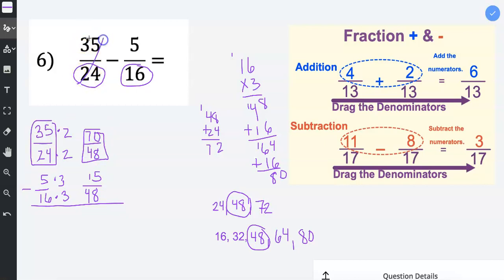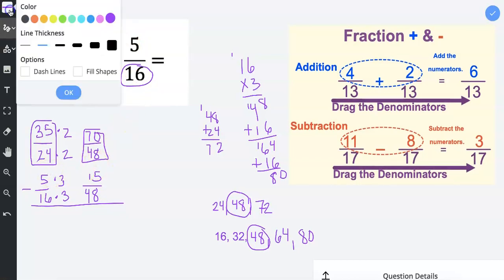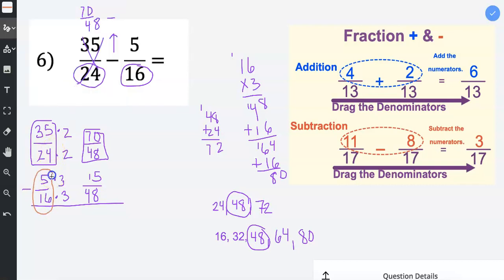So I'll replace 35/24 with 70/48 since they are equivalent. I'm going to bring up this subtraction symbol, and then let me grab a different color. 5/16 is equivalent to 15/48. So I replace 5/16 with 15/48.